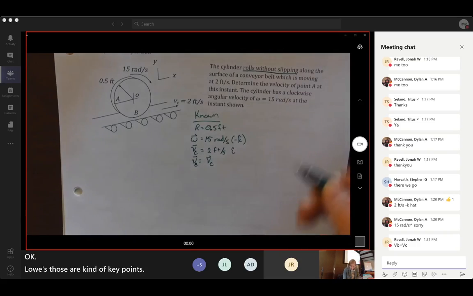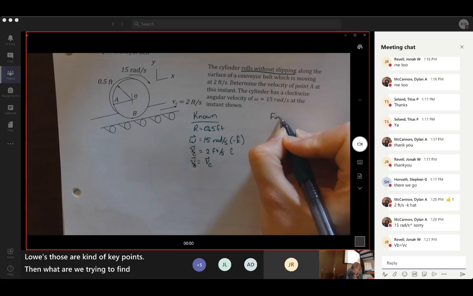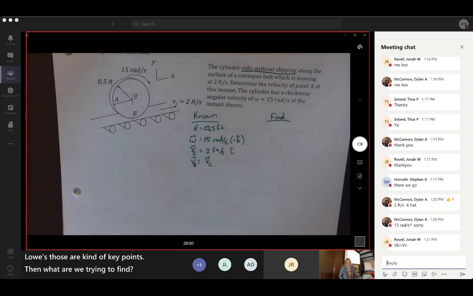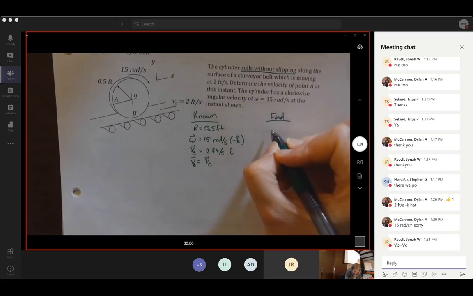Then what are we trying to find? Velocity of A. Okay.